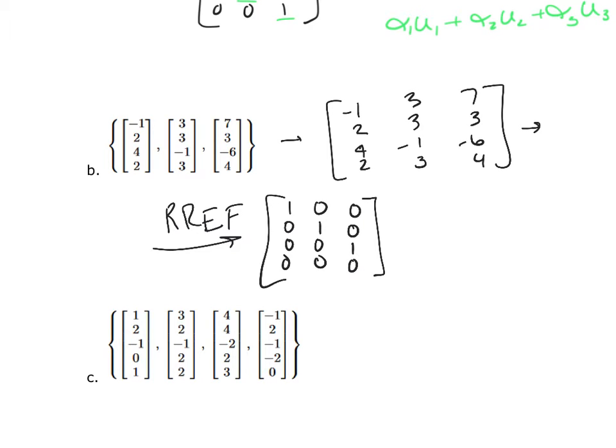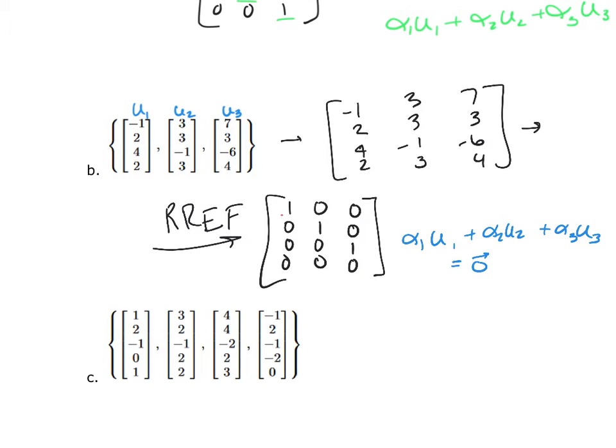Here's my u1, my u2, my u3. The only way I'm going to get alpha 1 u1 plus alpha 2 u2 plus alpha 3 u3 to equal the 0 vector is the trivial solution, where alpha 1, alpha 2, alpha 3 all equal 0.